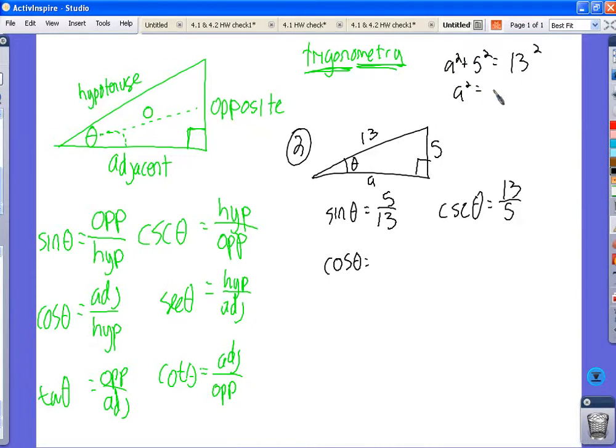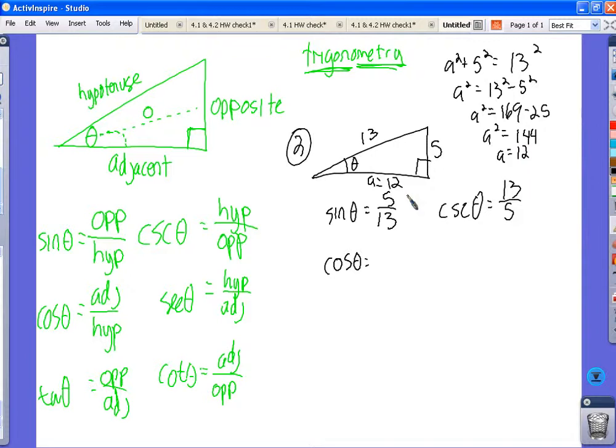A squared equals 13 squared minus 5 squared. 13 squared is 13 times 13, which is 169. 169 minus 25, a squared equals 144. So a is 12. I'm going to take the square root of both sides. This is 12.